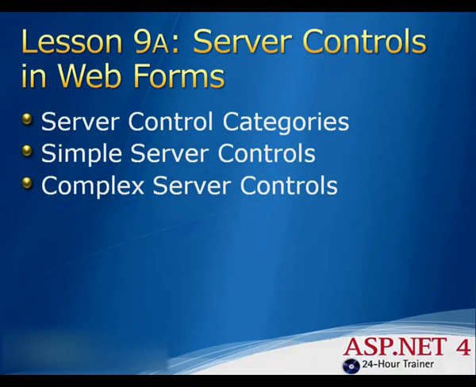Now while these server controls that I've just mentioned map one-to-one with existing HTML elements, there are many server controls that are much more complex. For example, the calendar server control, when printed, takes 5 pages of text to print all of the HTML that is rendered by that control.